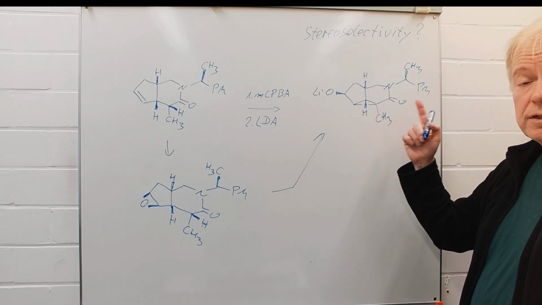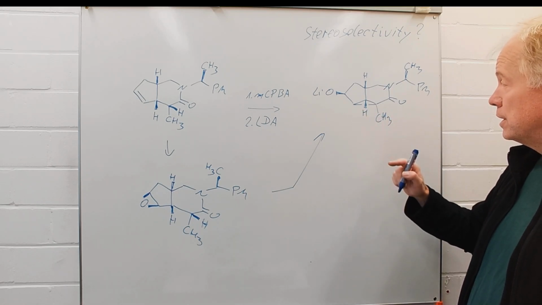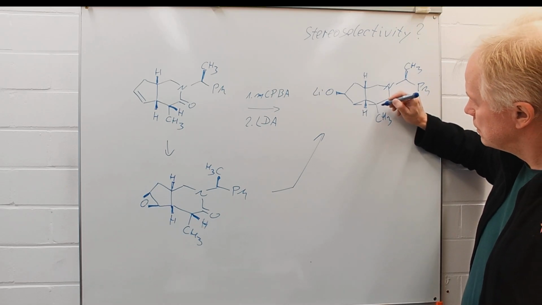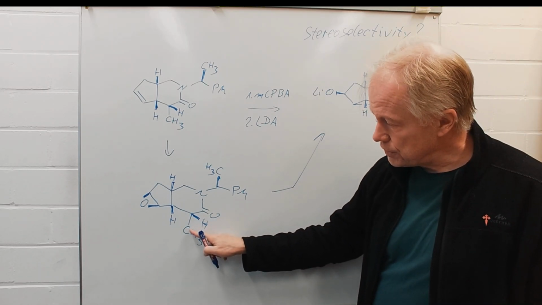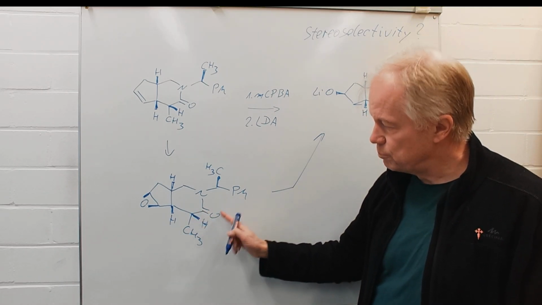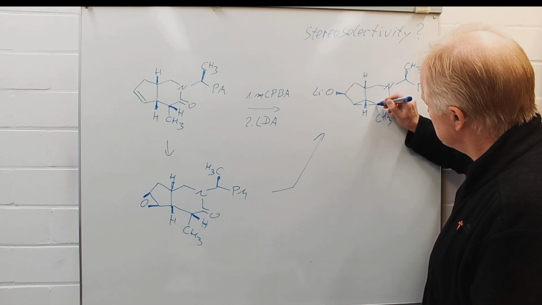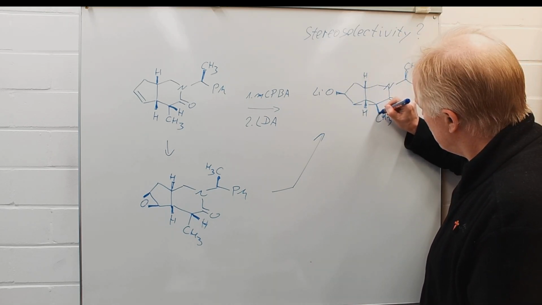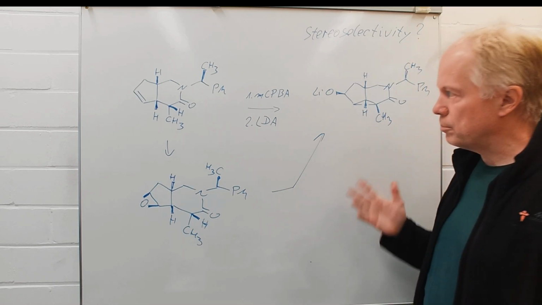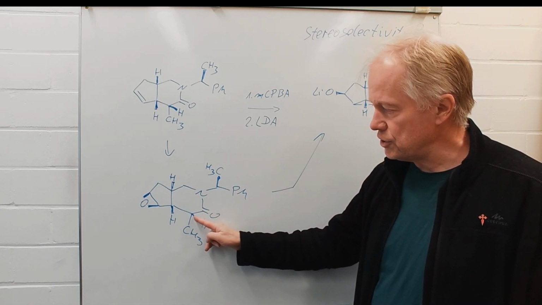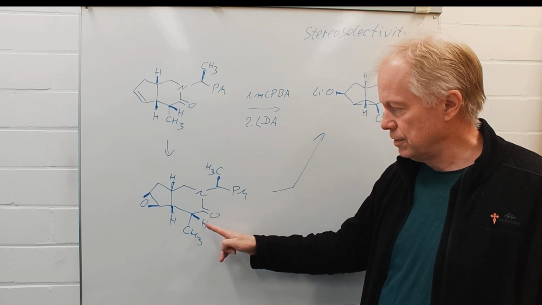Well, this is the anticipated stereoselectivity. Here the CH3 group was behind the whiteboard. Here it will be in front of the whiteboard, no problem, since an epimerization can take place here.